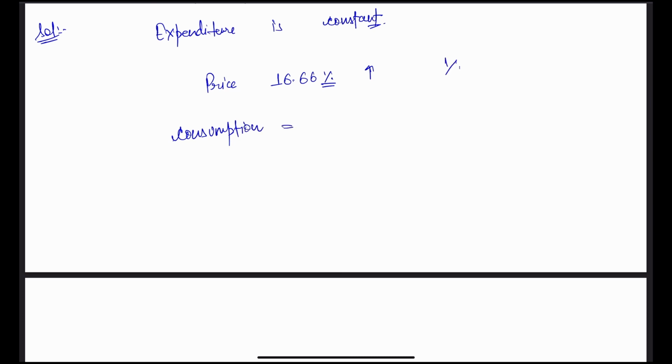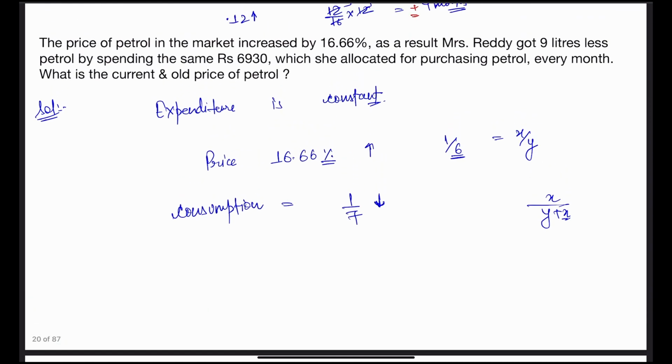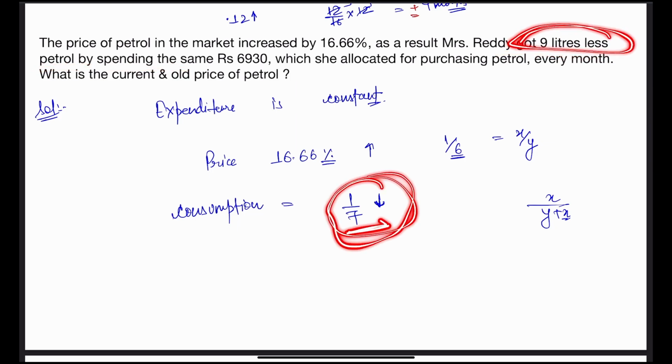This is in the form of 1 by 6, increasing x by y, so decreasing should be x by x plus y. So 1 by 7 it should decrease, and this is what is written, that Reddy got 9 liters less petrol by spending the same amount. So how much less did he get? Consumption is reduced by 1 by 7, and in numerical form it is written that 9 liters less.